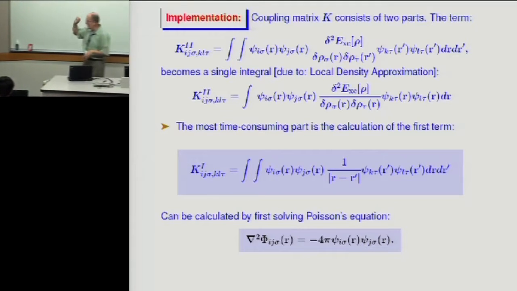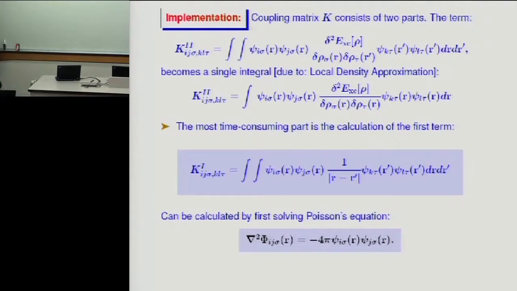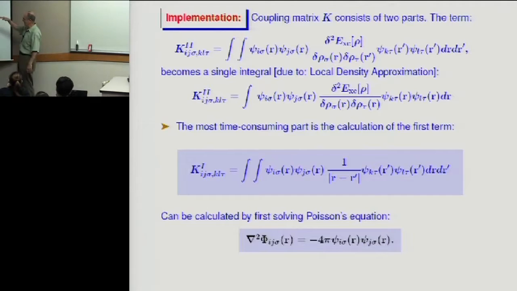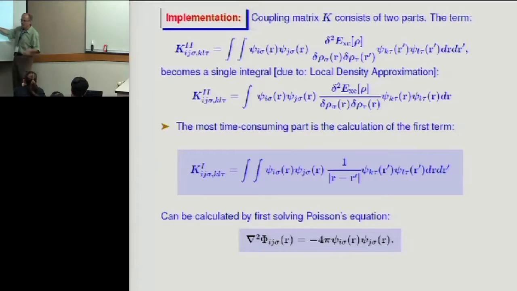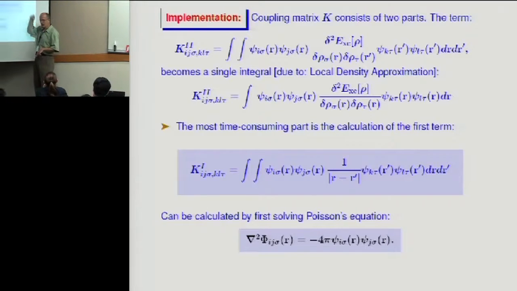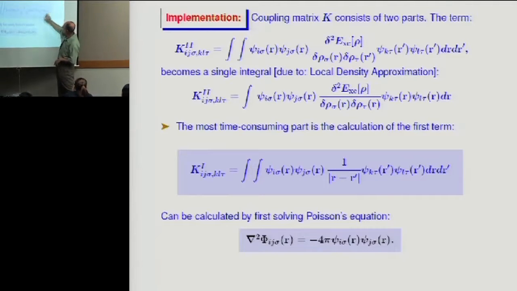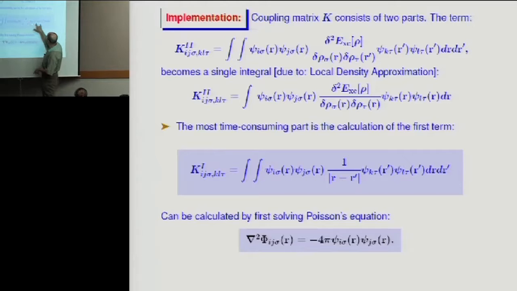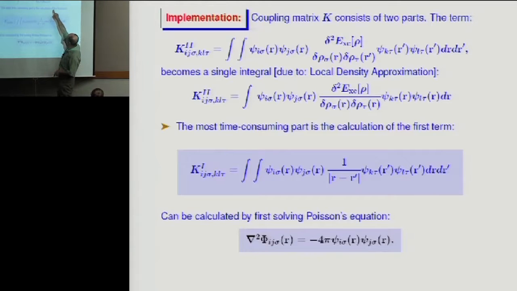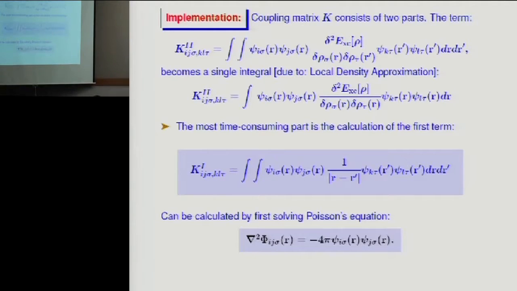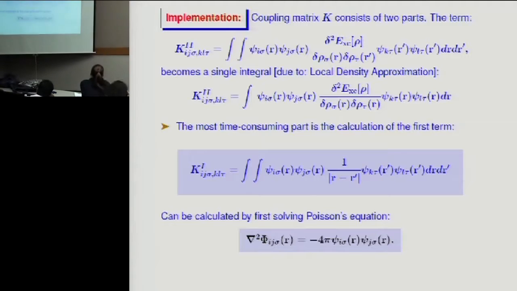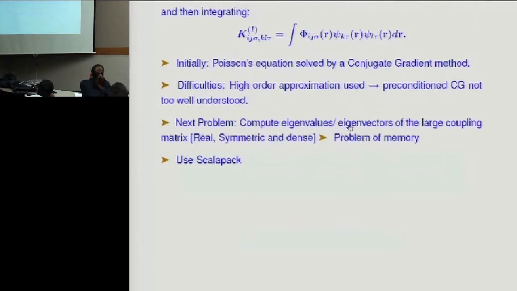For each ij, so that's a column or a row of your matrix, whichever, you solve one Poisson equation, and you do a lot of integrations. You have integrations to do with these pairs, the kl now, and you have to do this integral for each entry of the matrix. This will be explained in a little more detail in a second.